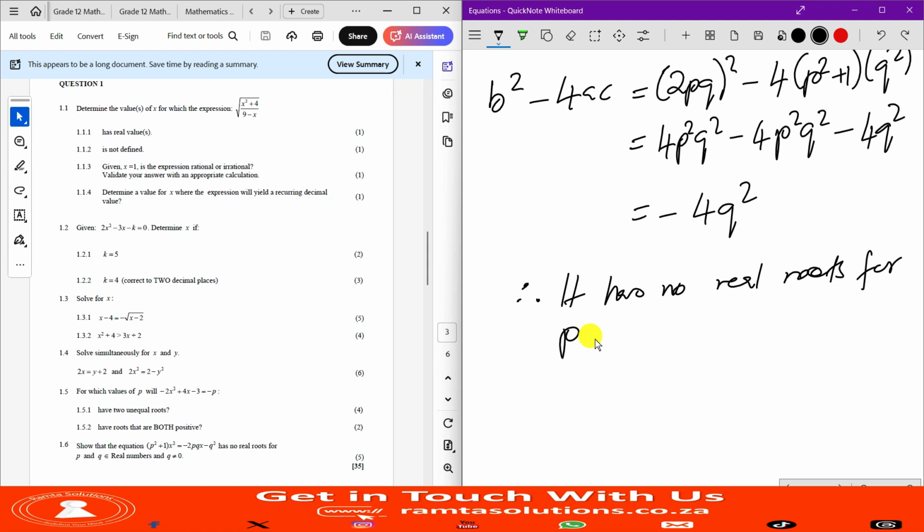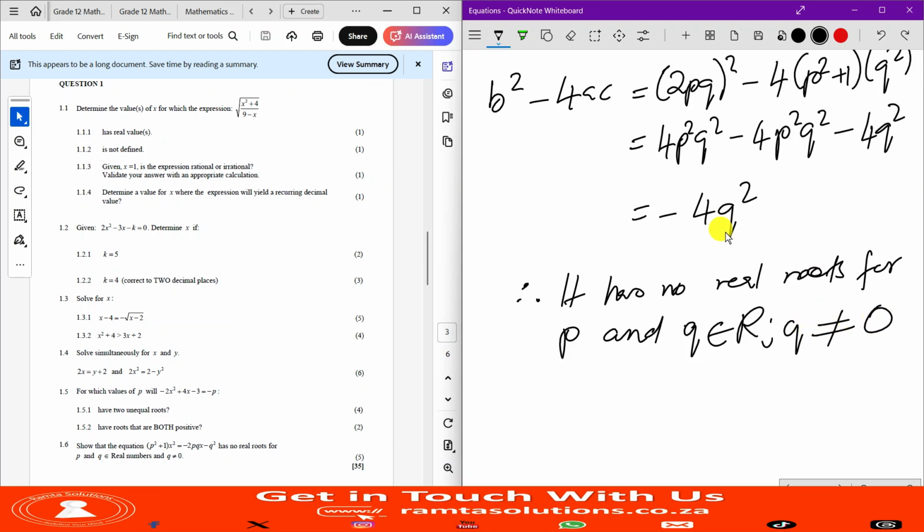All right? And again, remember, for you to say you have no real roots, the discriminant must be less than 0. And q is an element of real numbers. However, q is not equal to 0.